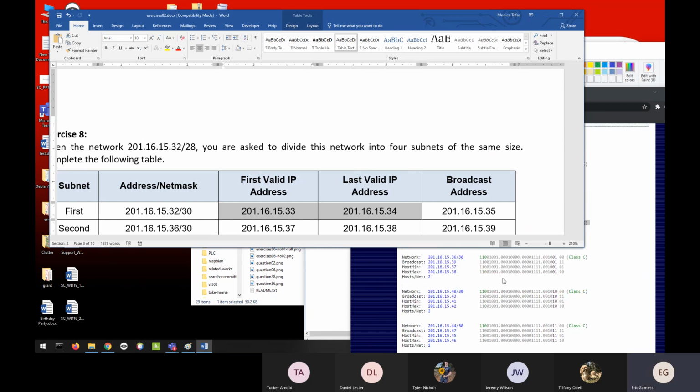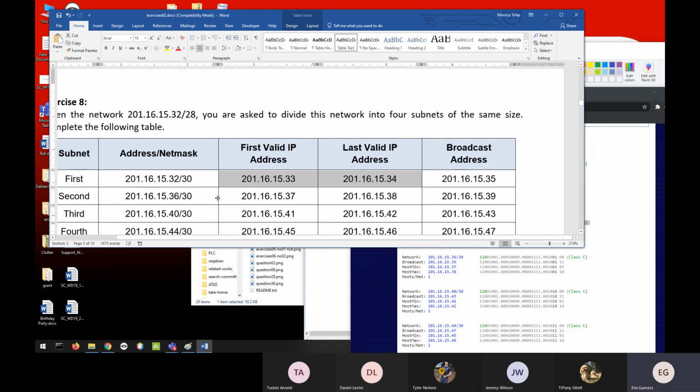Now, the second subnetwork is 201.16.15.36/30, as we have, and the valid IP addresses go from 37 to 38, and the broadcast address is 39, correct.